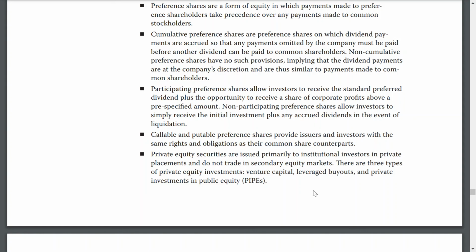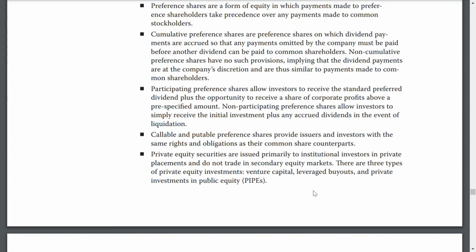Participating preference shares allow investors to receive the standard preferred dividend plus the opportunity to receive a share of corporate profits above a pre-specified amount. Non-participating preference shares allow investors to simply receive the initial investment plus any accrued dividends in the event of liquidation.